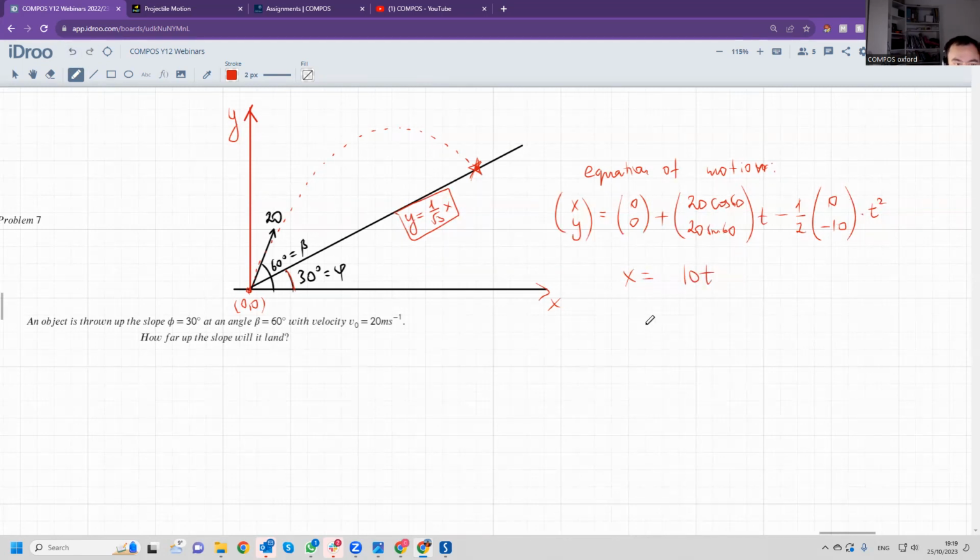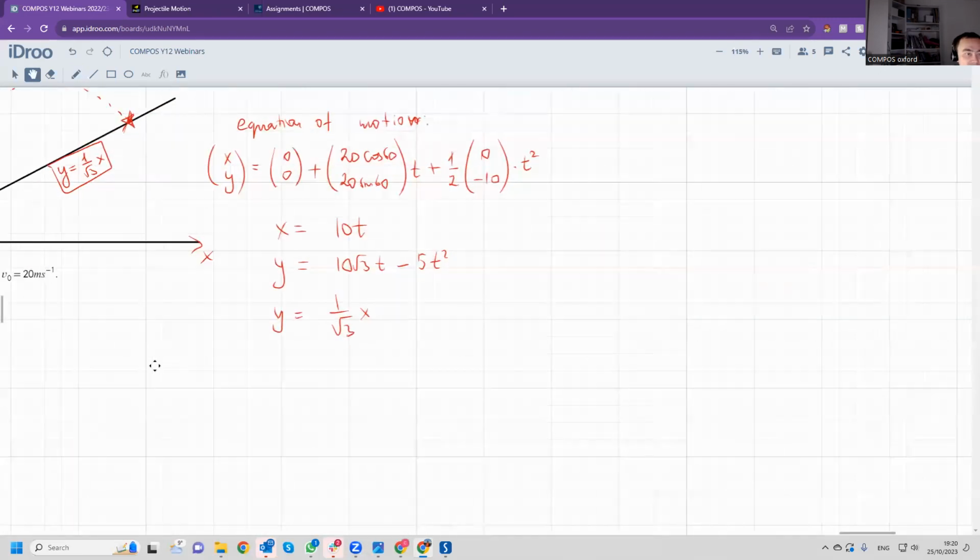Well, x is 10t. y is 20 sin 60, which is 10 root 3 t, minus 5t squared. And the third equation, we know that it crosses the line, so y is equal to 1 over square root of 3 x.